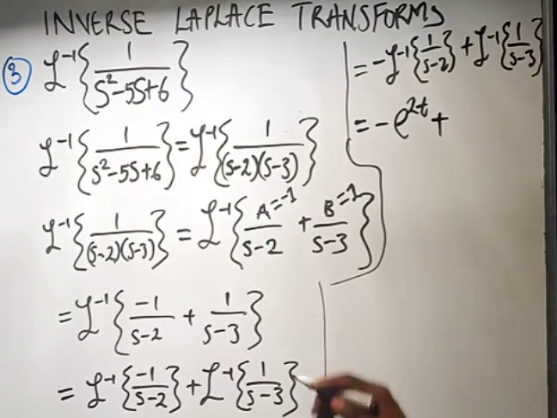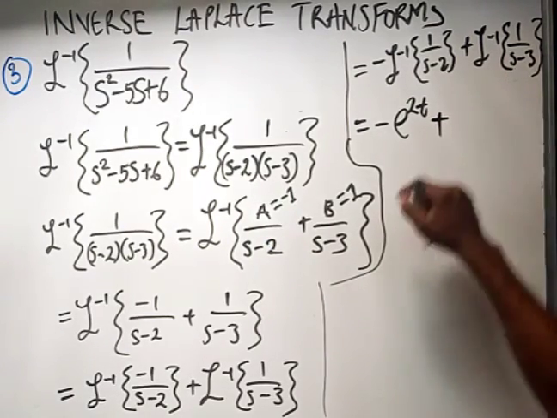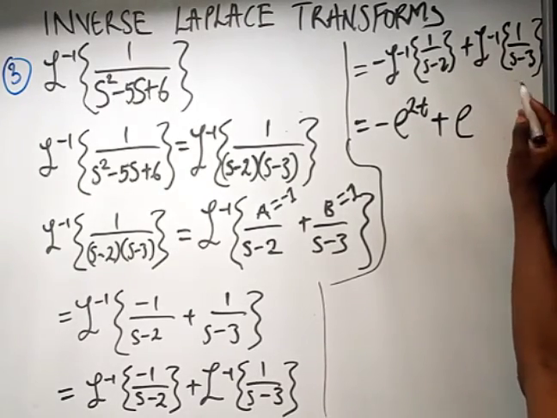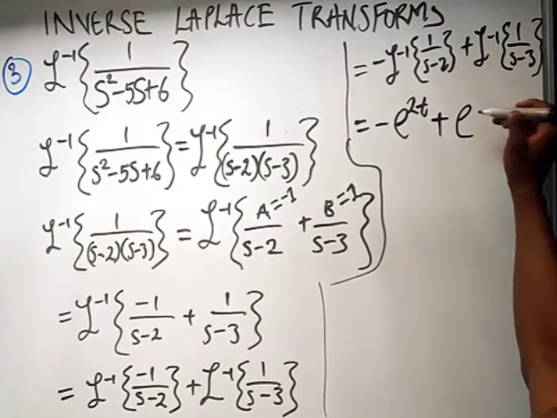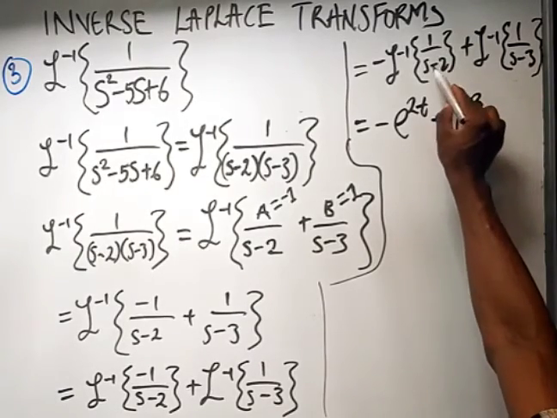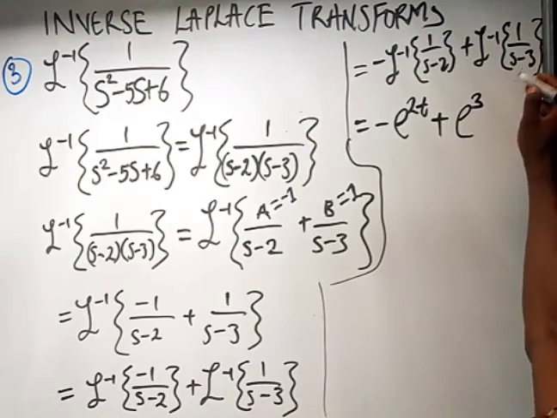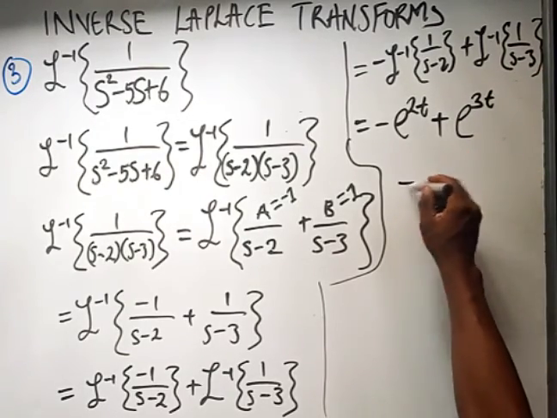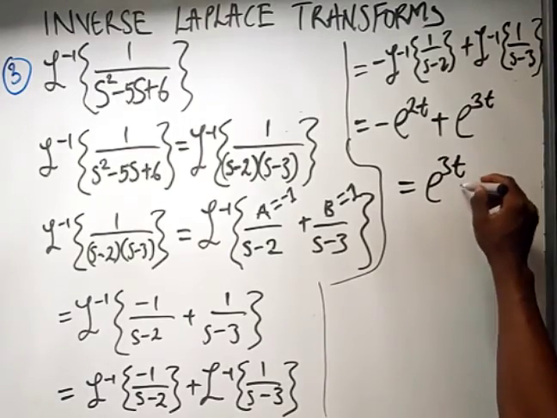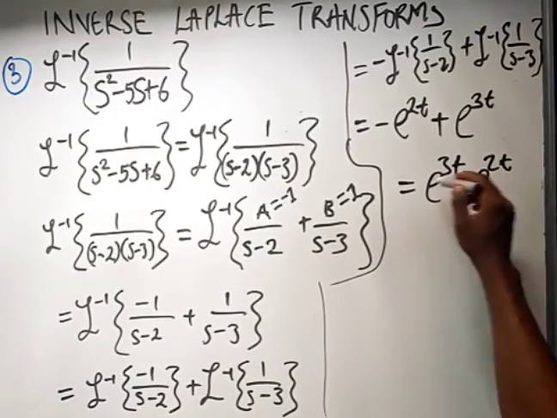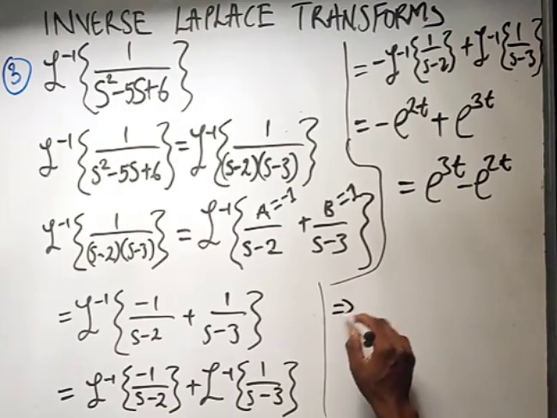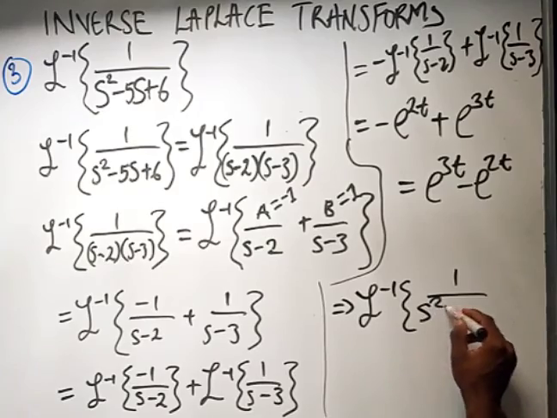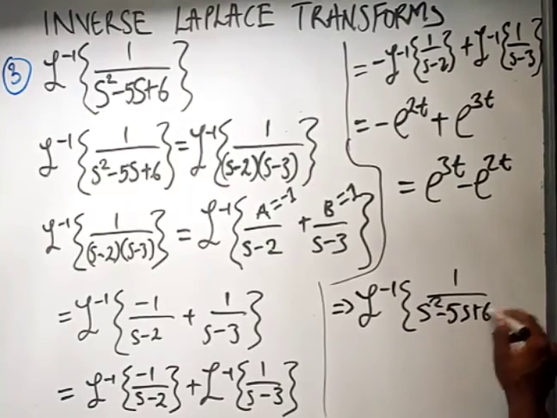Since this is negative 3, we'll be having e to the power of 3t. So this is equal to e to the power of 3t minus e to the power of 2t, and that right there is the inverse Laplace transform of 1 over a squared minus 5a plus 6.